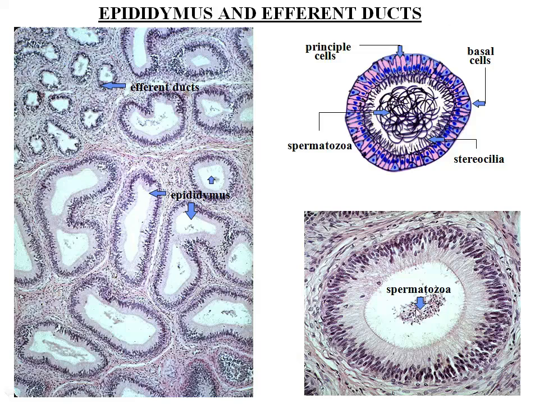Here is the actual section where we can confirm these structures. These are the nuclei; the arrangement of the nuclei indicates pseudostratified epithelial cells, and at the border you see some cilia. The cavity is full of spermatozoa.